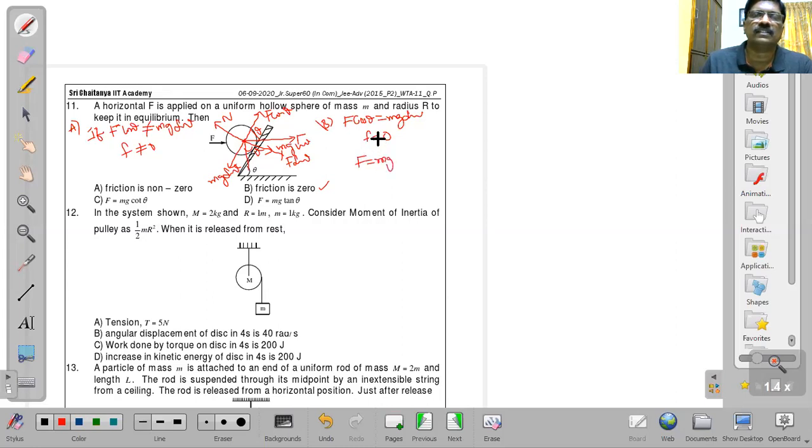If friction is 0, then F is equal to mg tan theta. So that fourth option is also correct. That means if B is correct, D is correct. These two are correct in the second version. In the first case, if they are different, then definitely A is correct. That's why A, B, and D. This is the situation. This is the 11th problem. Next.